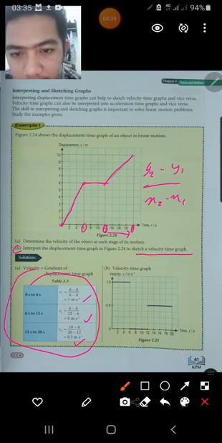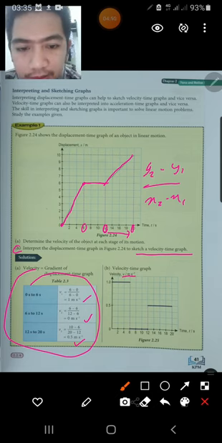The y-axis is velocity, so you write V, and the unit is meter per second. Make sure you do not forget the unit. And the x-axis is time, so you can write t and the unit second.